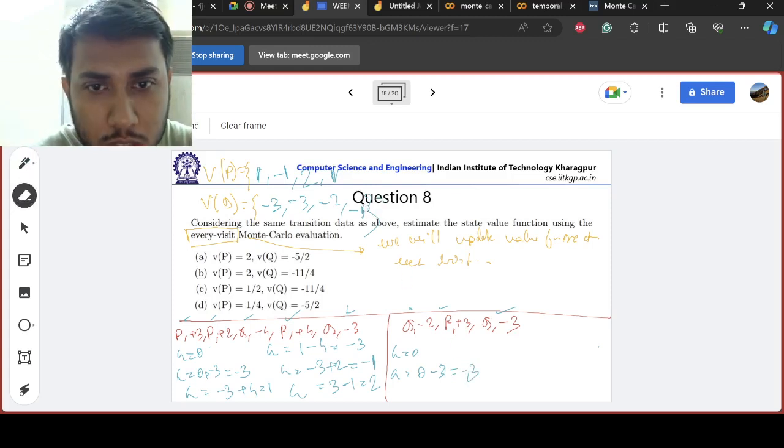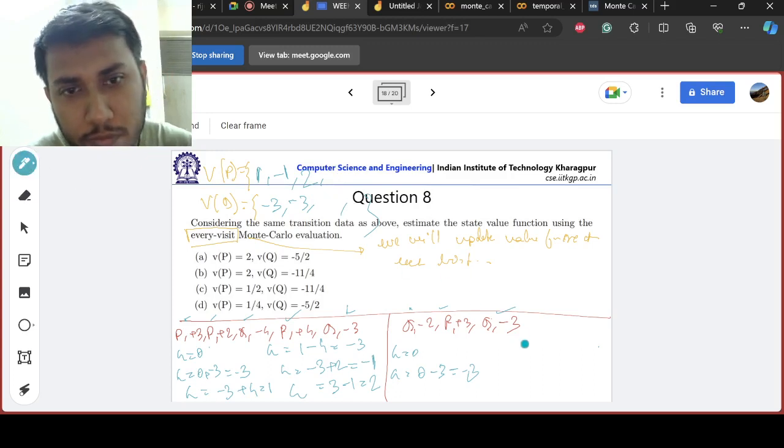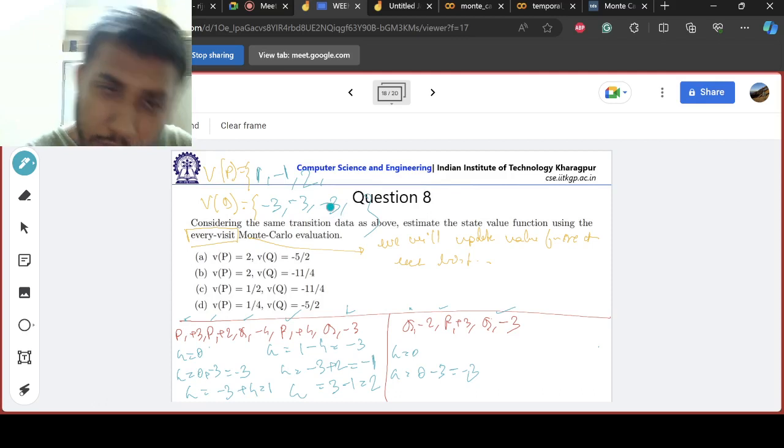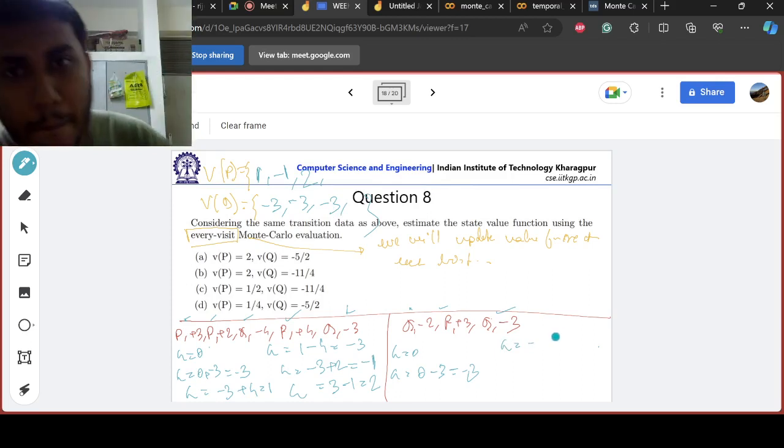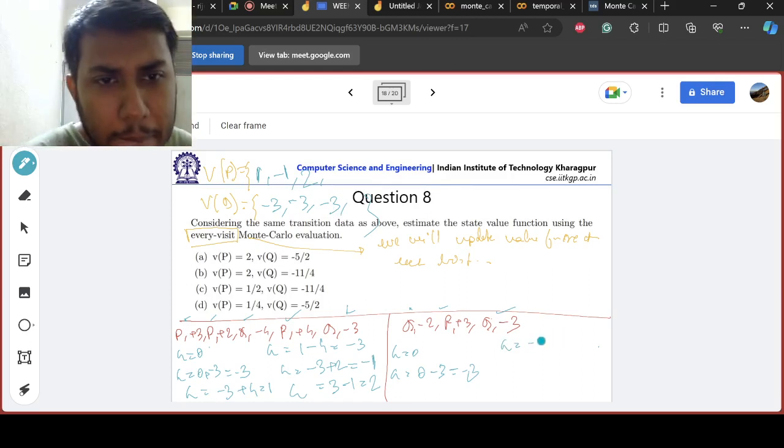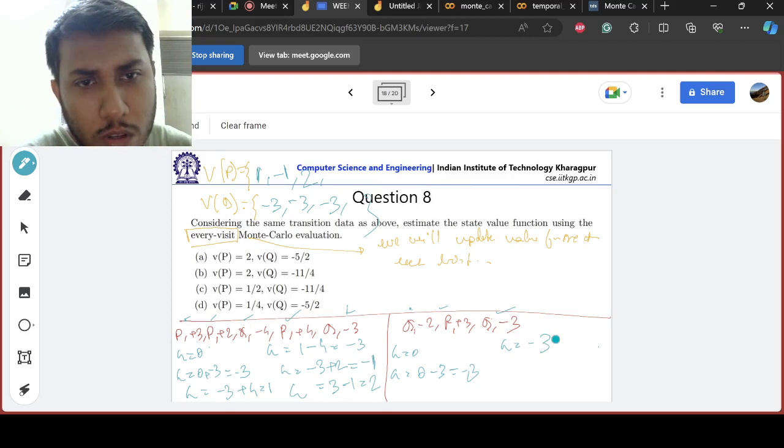Let me just erase this. Minus 3, so you will add minus 3 here. Then g is equal to minus 3 plus 3, equal to 0.